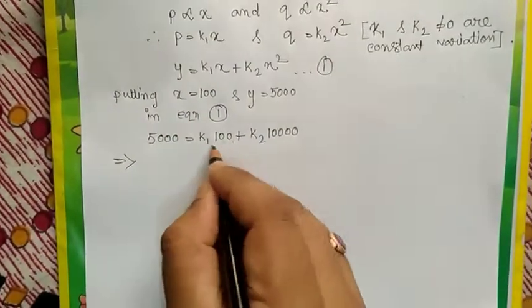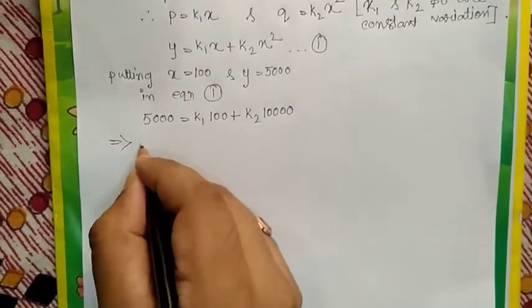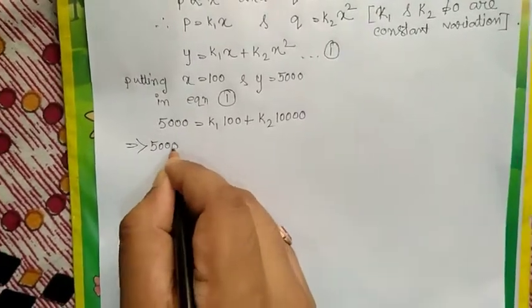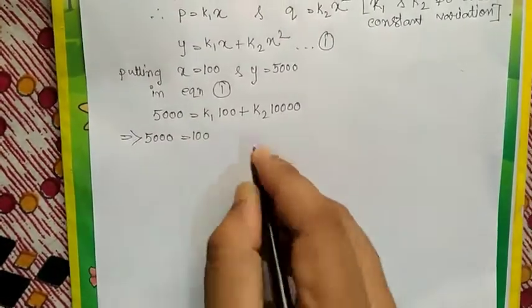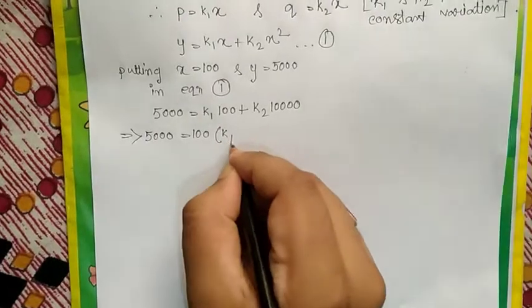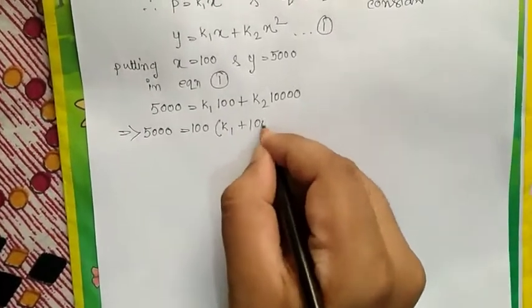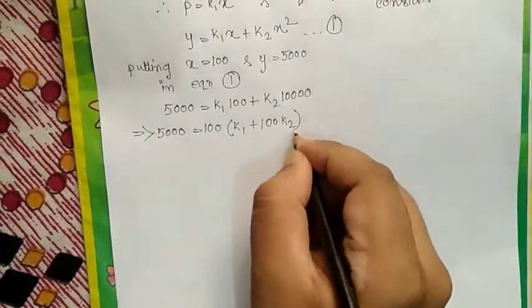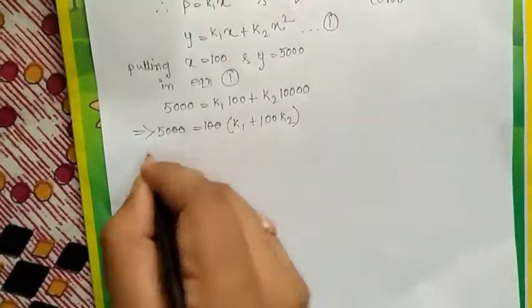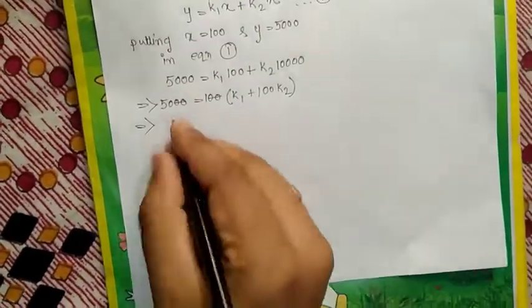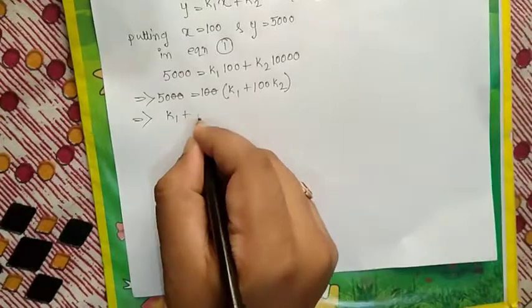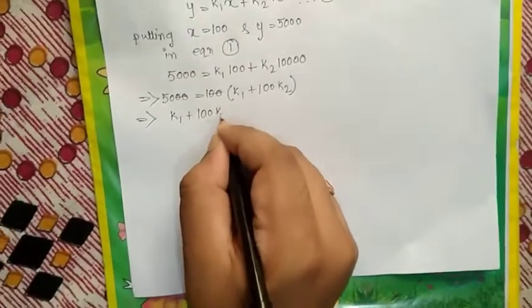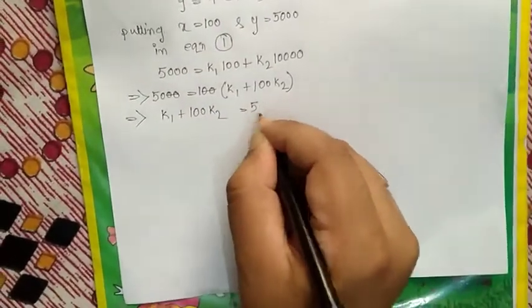If we take 100 common, 5,000 equal to 100 k1 plus 100 k2. So the equation should be k1 plus 100 k2 equal to 50.